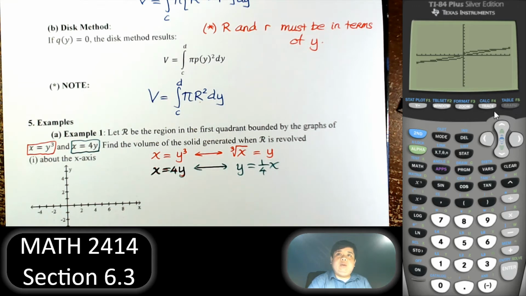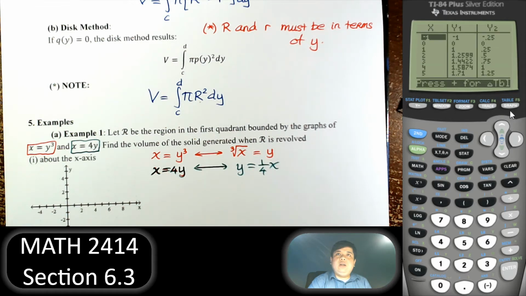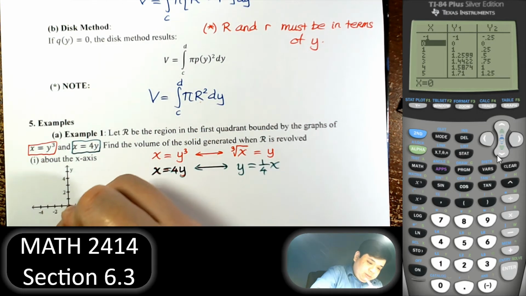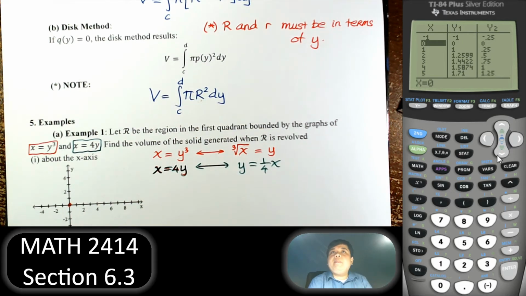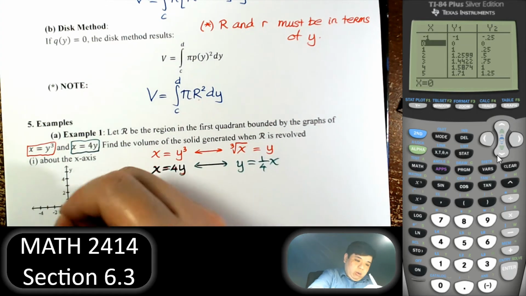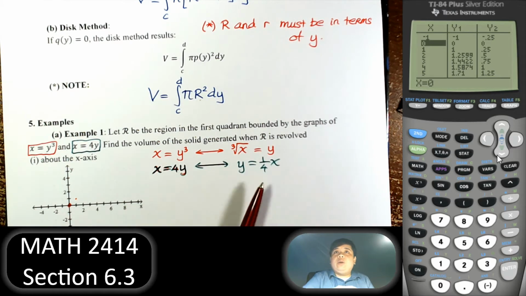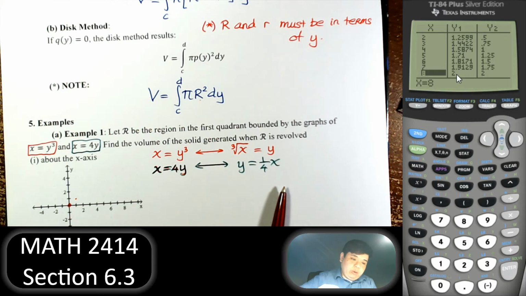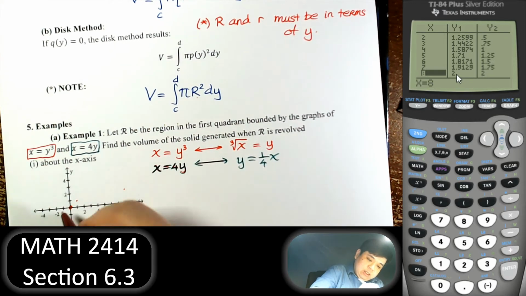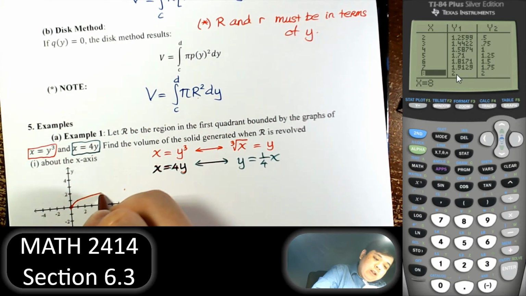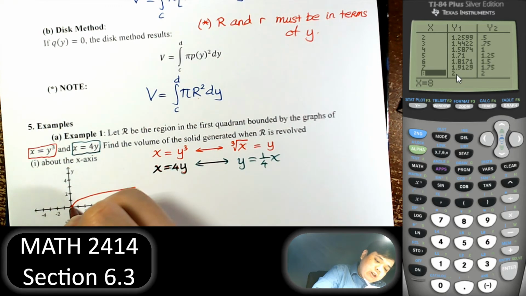Let's go to the table. Is there any nice values? Right, x equal to 0, so we have 0, 0, 0. When x equal to 1, y equal to 1. And when x equal to 8, y equal to 2 and 2. So we have that cube root function.